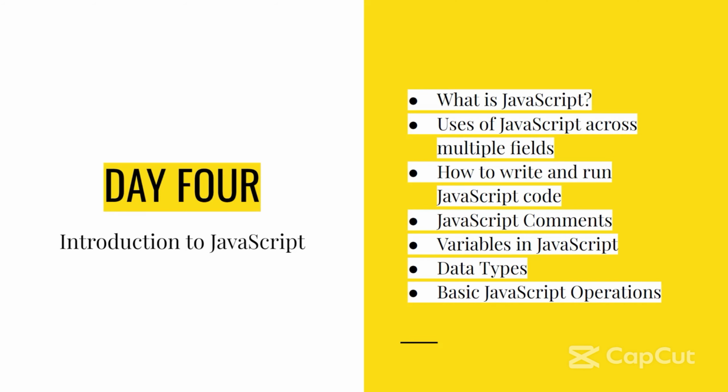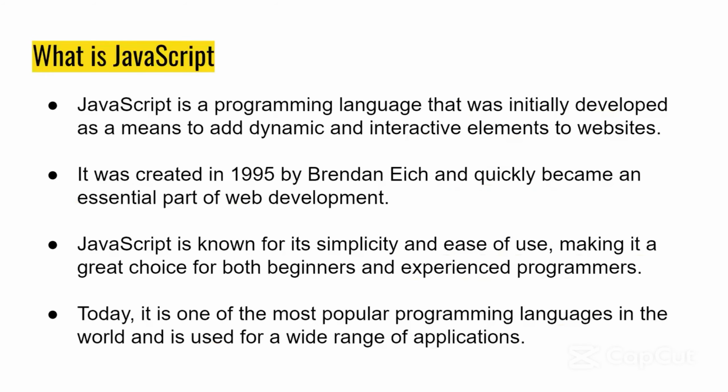Okay, so we'll begin straight with what JavaScript is. In our previous sessions, I talked about HTML, CSS, and JavaScript, how these three core technologies of web development work together, right? We talked about how HTML is used in building the structure of your websites and web applications.